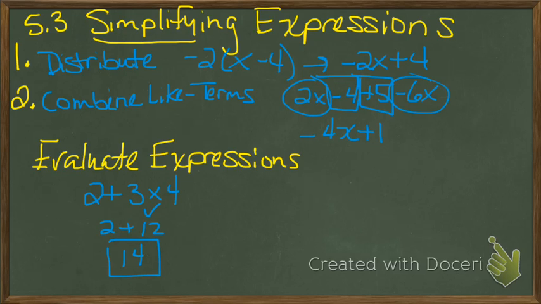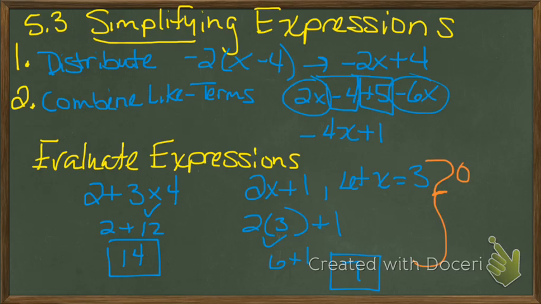Another time you had to evaluate an expression is when you were given an algebraic expression, but they tell you what the variable is equal to. You had to substitute that variable in, or replace that variable with the number that you were given, and then once again use the order of operations. So when you're evaluating expressions, whether it's numeric or algebraic, you will always use the order of operations, and you will always get one numeric answer.